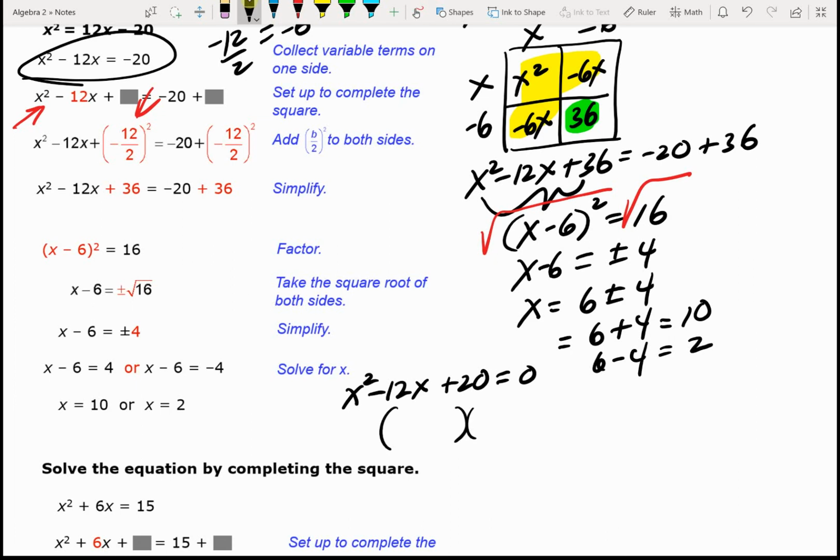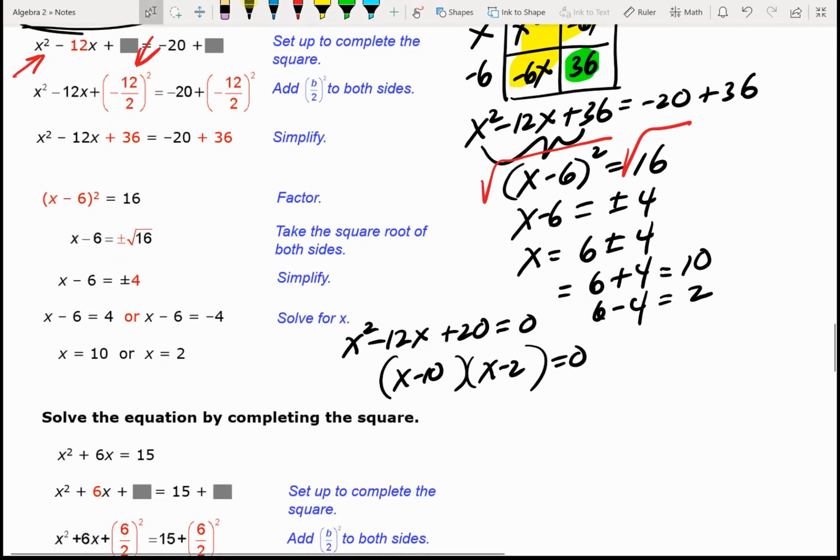And factors of a positive 20 that add up to negative 12, well, that would be x minus 10 and x minus 2 equals 0. And so what we would get is x is equal to 10 when we solve for x, and x is equal to 2, which is what we got when we completed the square. We got the same answer.